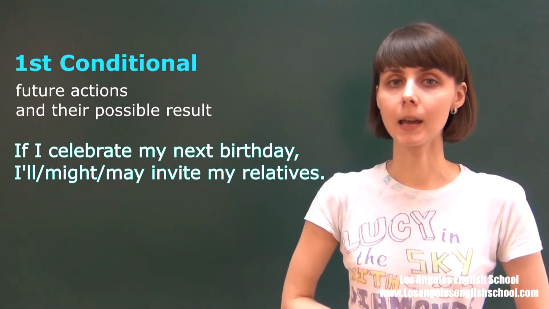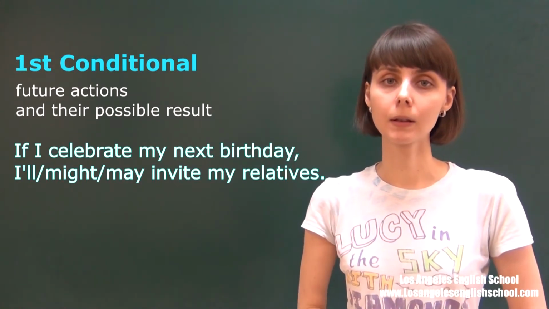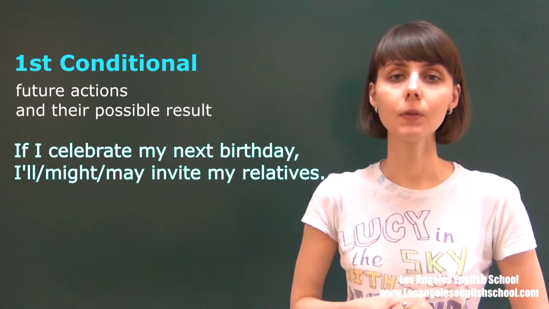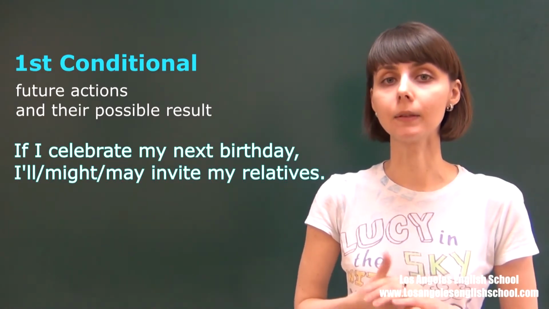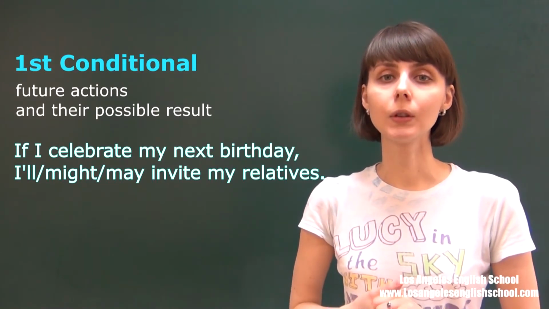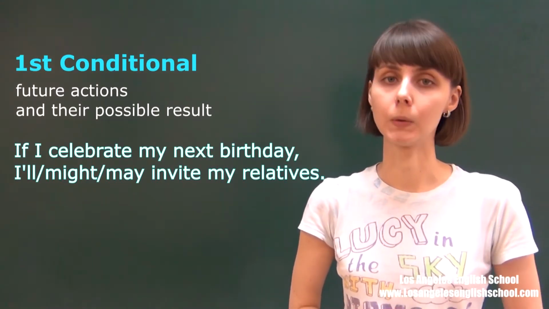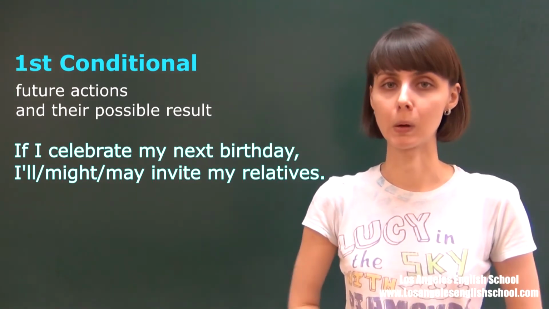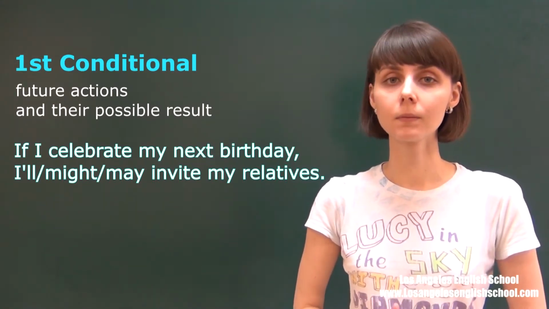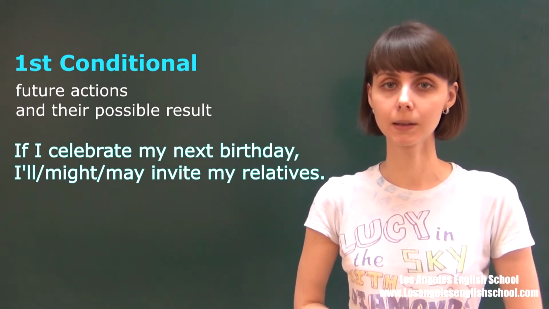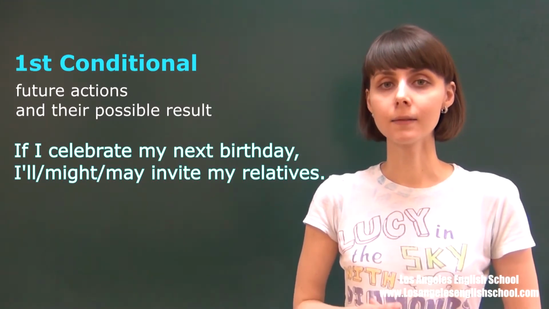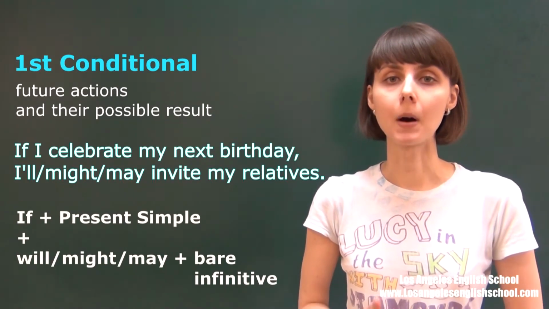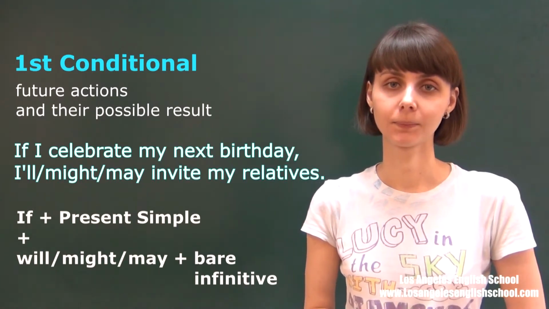You can also say I might invite my relatives or I may invite my relatives. If you use may and might in this case, you show that you are not very sure about it. When you use will, you show that you are more sure about it. So the form of the first conditional sentences is if plus present simple plus will, might, or may.